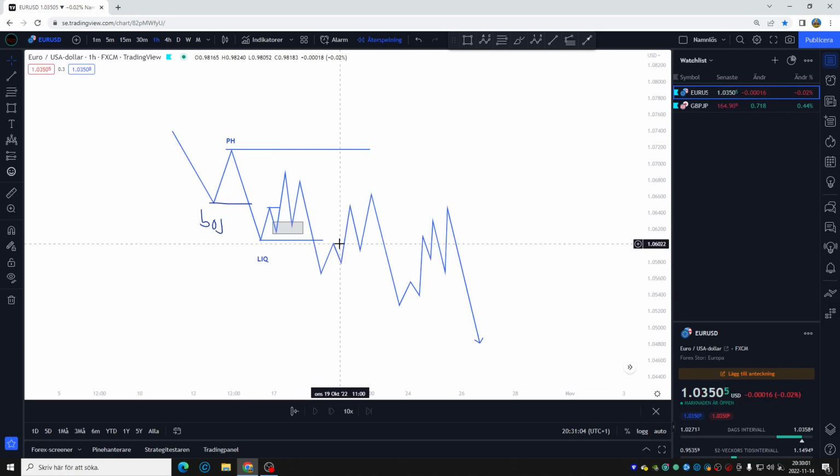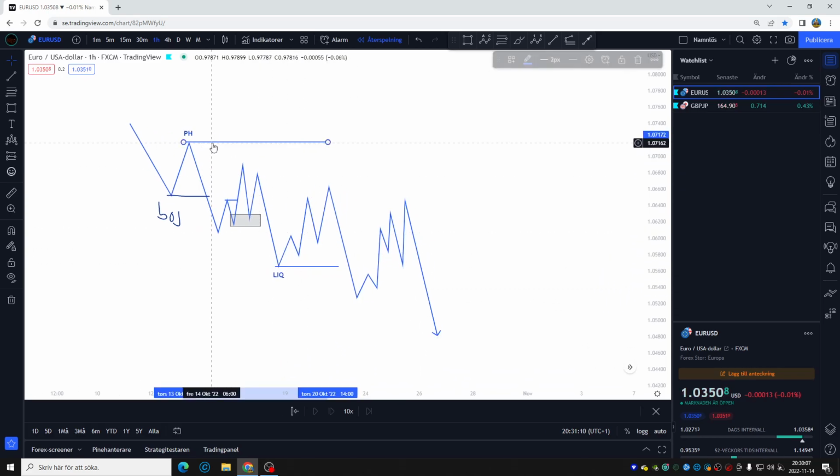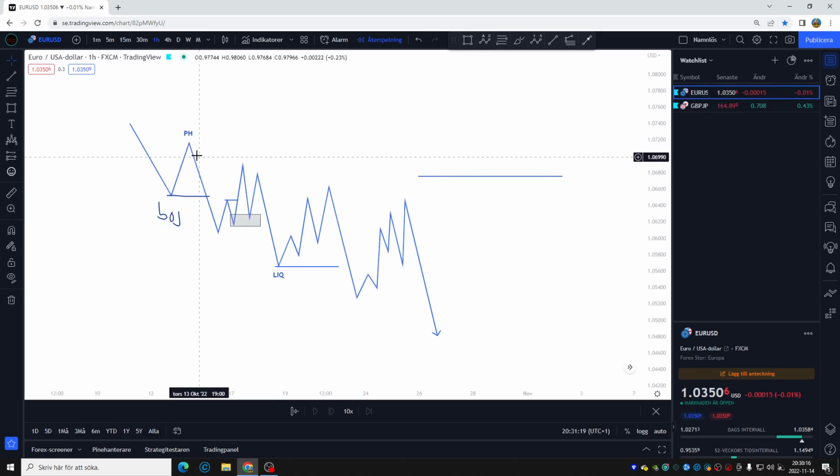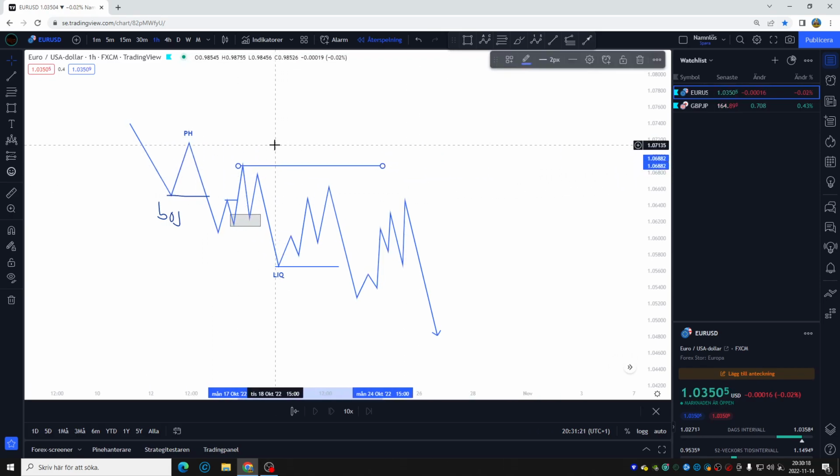What are we doing then? We're moving down our lows. Liquidity, protected high. Why is this our protected high? Because it's the highest high, oh sorry, I mean this high. Why is this our protected high? It's the protected high because this is the highest point towards the other protected high.